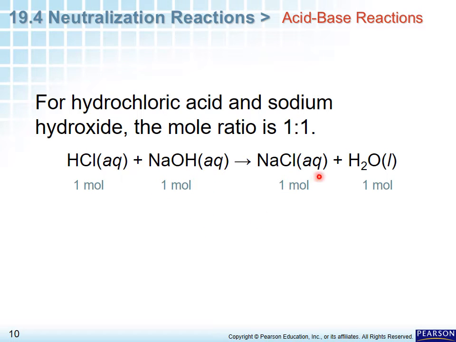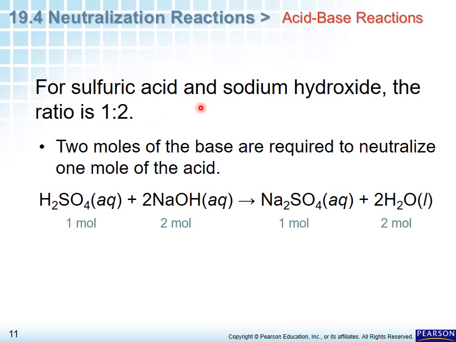It produces 1 mole of salt and 1 mole of water. So the ratio between the reactants, acid and base, is 1:1, meaning 1 mole of HCl must react with 1 mole of NaOH to produce 1 mole of salt and water.